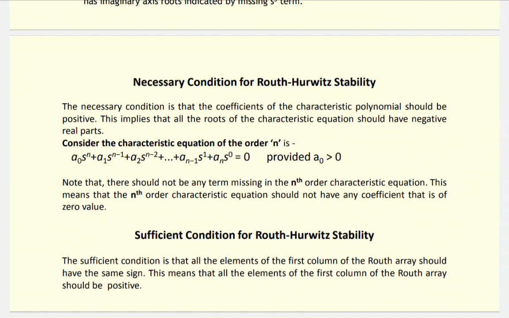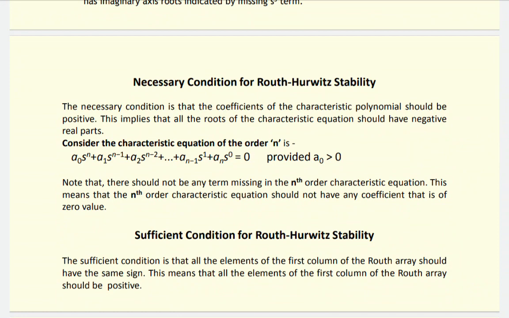Consider the characteristic equation of order n, that is a0 s to the power n plus a1 s to the power n minus 1 plus a2 s to the power n minus 2 and so on, plus a(n minus 1) s plus an s to the power 0 equal to 0, provided a0 is greater than 0. Note that there should not be any term missing in the nth order characteristic equation. This means that it should not have any coefficient of 0 value.